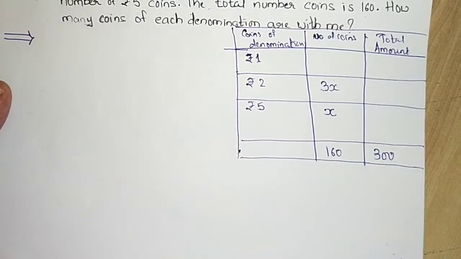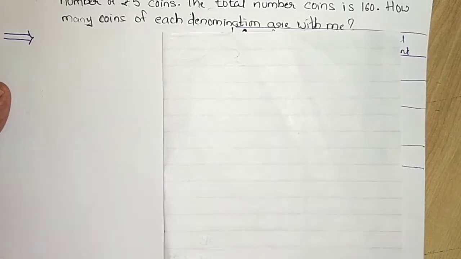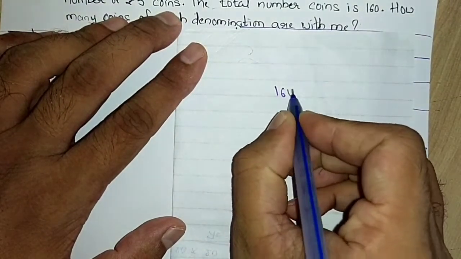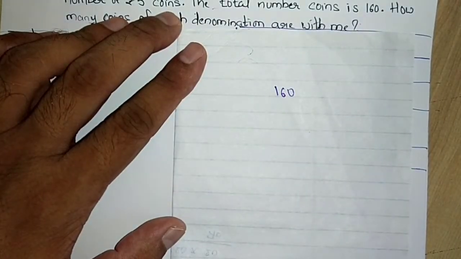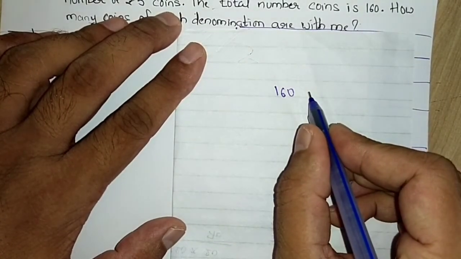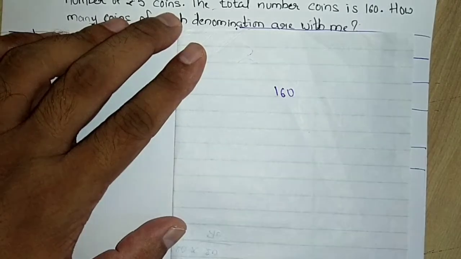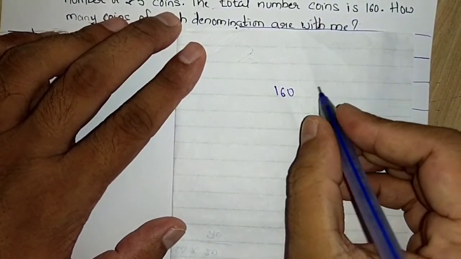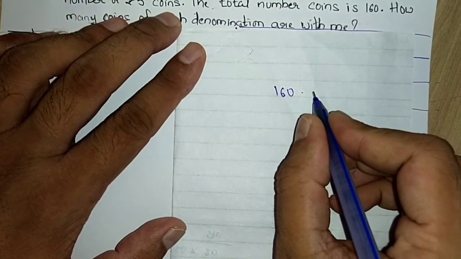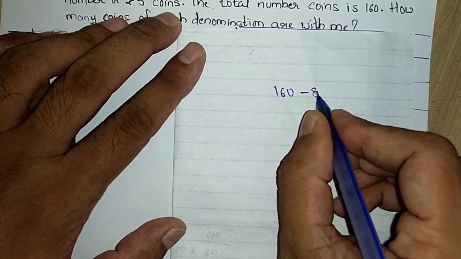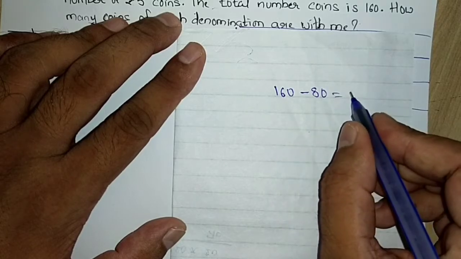So how should I find it? Now, if I am having 160 coins, students, pay attention properly. If I am having 160 coins and the total coins of rupees 2 and rupees 5 with me are 80, then the remaining will be of rupees 1, right?